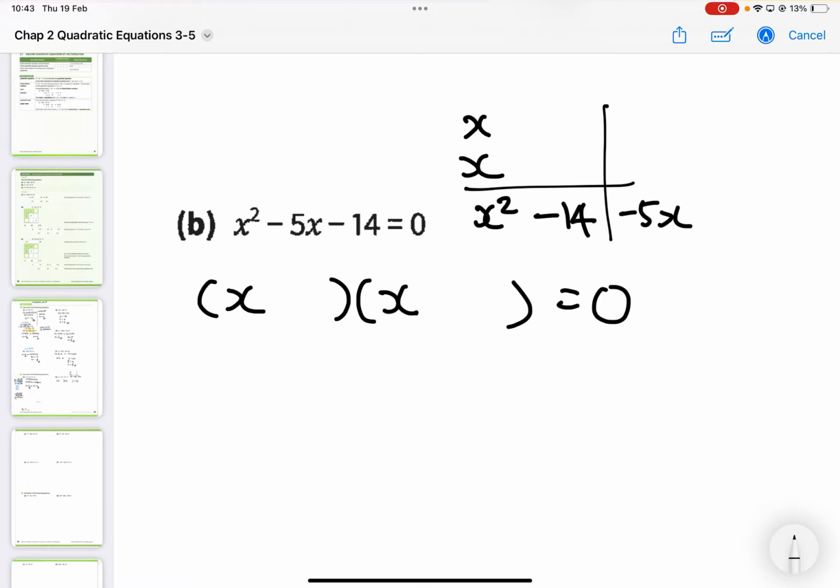14. So the possibilities for 14 are 1 times 14 and 2 times 7. But because this is negative, one of them must be positive, one of them must be negative. Then when I look at 5, if I put 14, the number sure become too big already. So definitely 2 and 7.